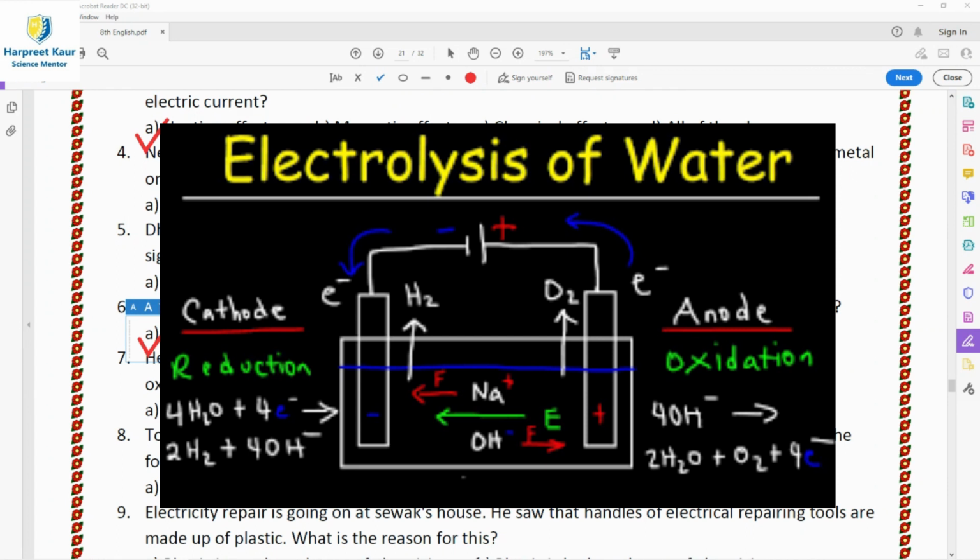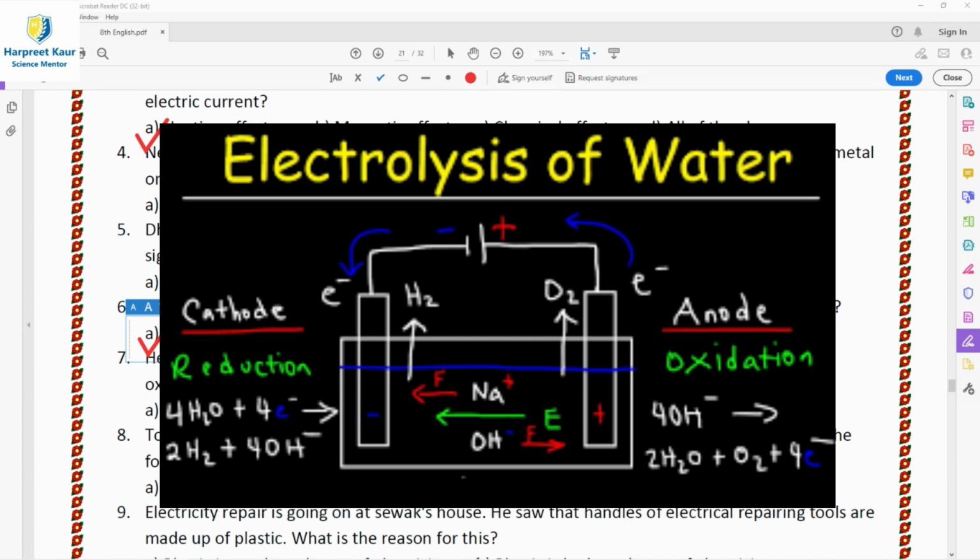Not in plain water, but in acidified water, where carbon rods are used as electrodes. First, you should know, children, that water is made an electricity conducting liquid by the addition of a small amount of acid to it. We have to add acid to the water so that it becomes conducting. So that water containing a little acid is called acidified water. And we use this acidified water for carrying out the electrolysis of water.